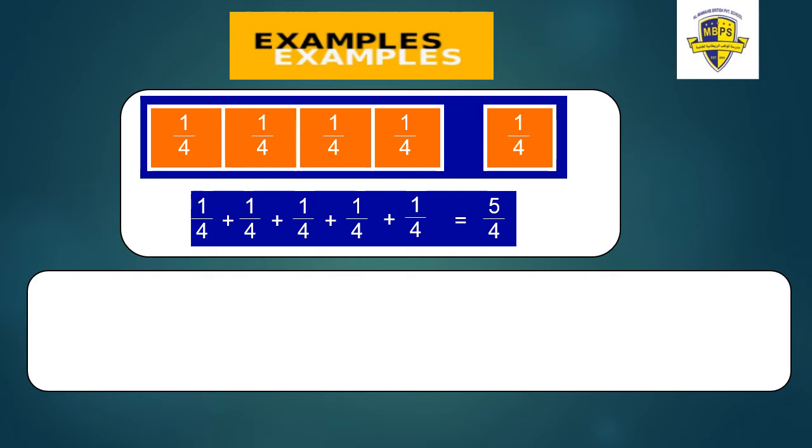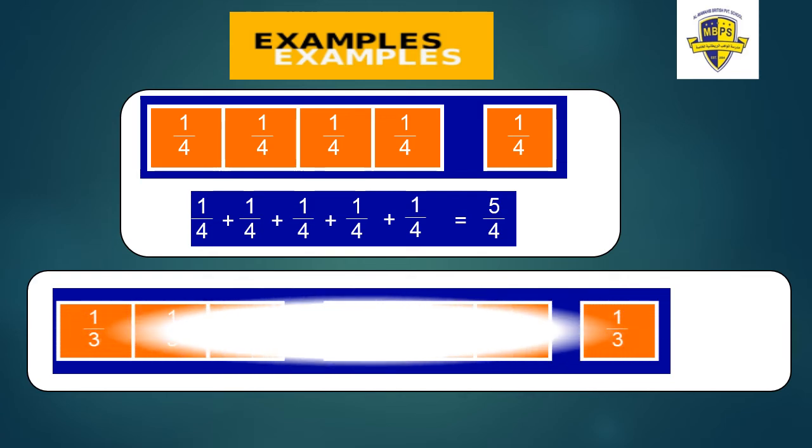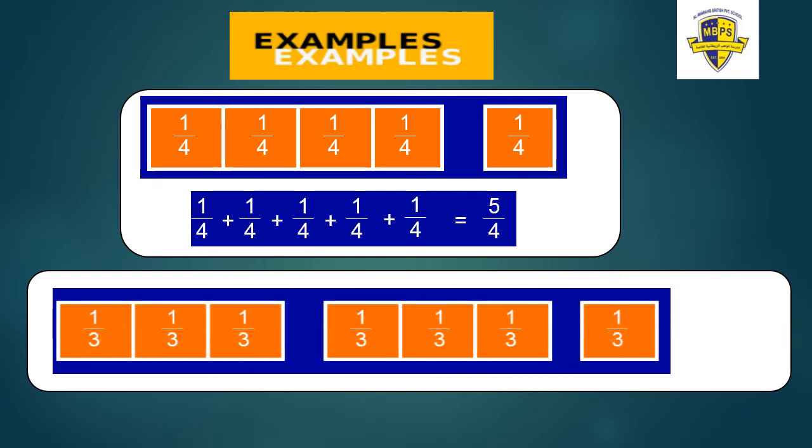So we write it 5 out of 4. The second example, good. This is 7 out of 3 because we have 7 orange squares out of 3.